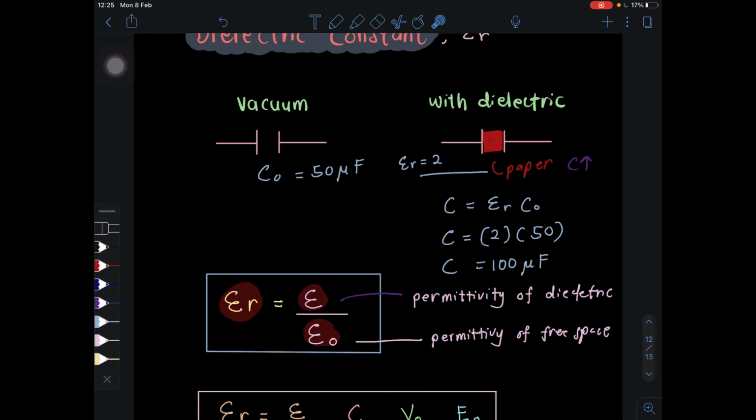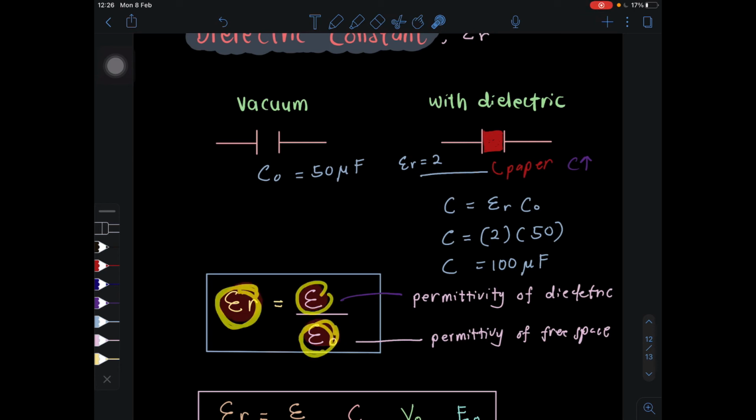Permittivity is not the same as dielectric constant. Permittivity means the ability of the material to store electric energy. This one you don't really have to know exactly what it is. You just need to know the difference between epsilon R, epsilon and epsilon naught.